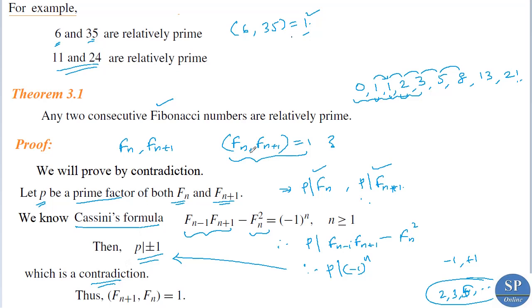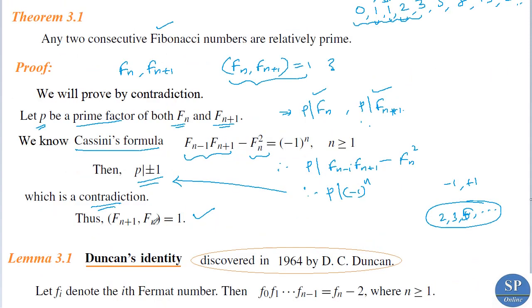So our assumption is wrong. We assumed that P is a prime factor of Fn and Fn plus 1, so this is wrong. Therefore, the GCD of Fn, Fn plus 1 is equal to 1. That is, every two consecutive Fibonacci numbers are relatively prime.